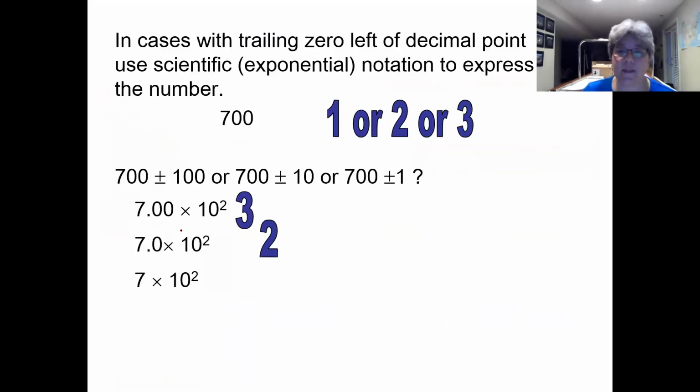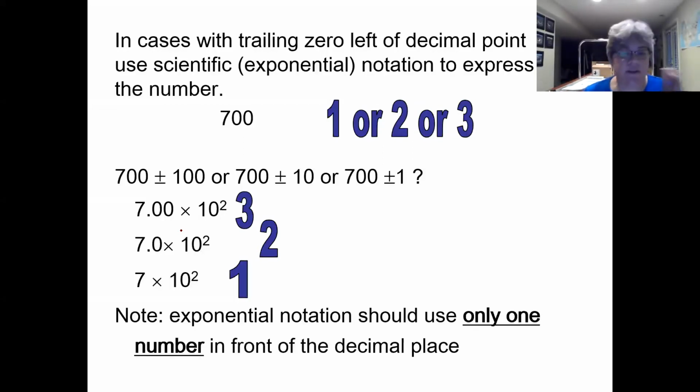And if I write it like this, then only 1. So anytime a number ends in 0 before the decimal point, you need to use exponential notation. Now, one note about exponential notation: it should always be written with 1 number in front of the decimal. So this 700, you cannot write it like this, 70.0 times 10 to the first.